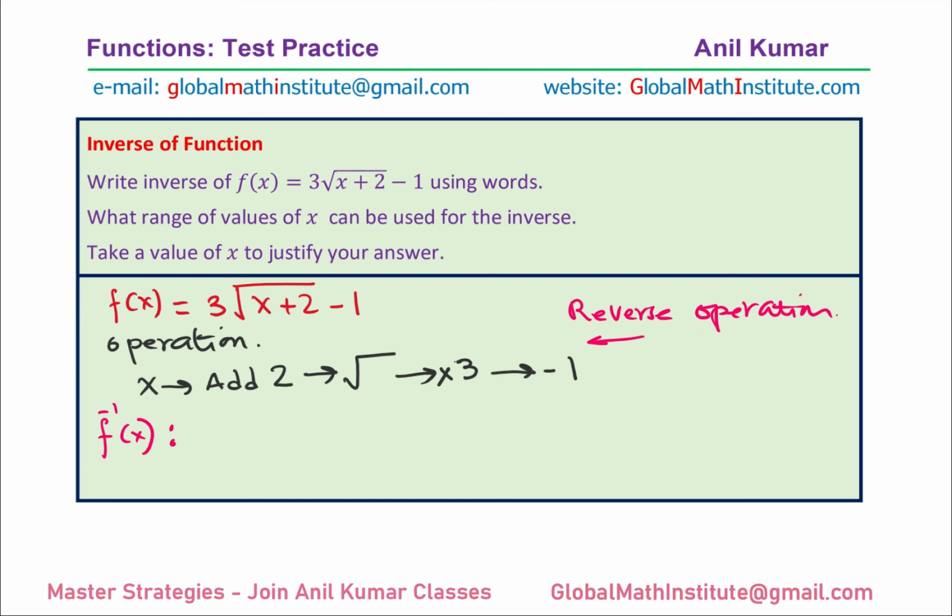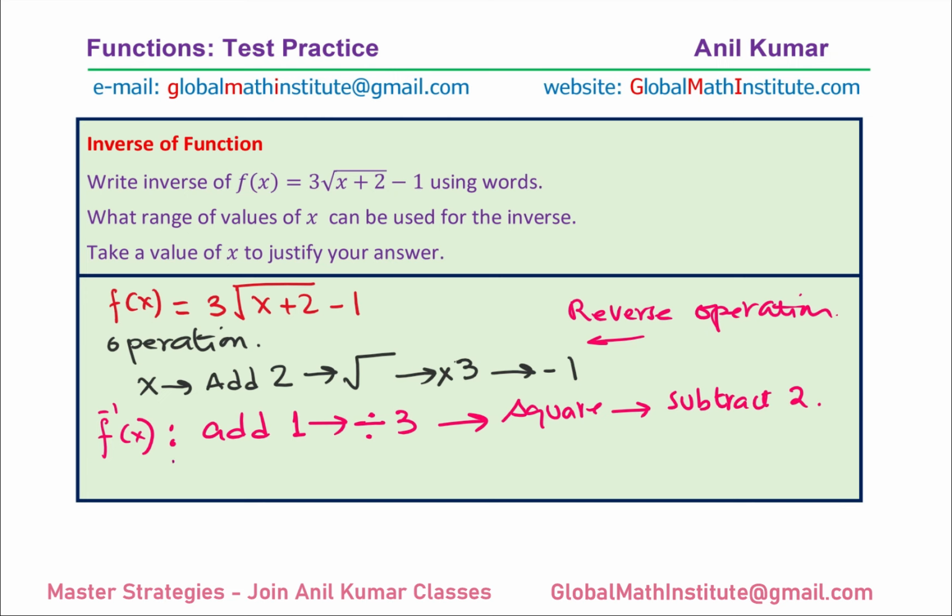So we'd say add 1, right? And then what do you see? Instead of multiply, the next operation is divide by 3. And then square. And then instead of adding, we subtract 2. Makes sense?